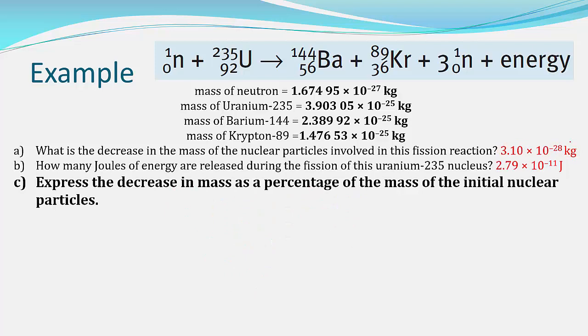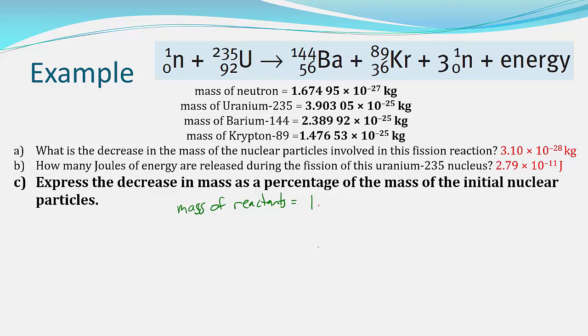Okay, so part C is one that some people get a little bit unstuck on. It's asking simply to express the decrease in mass as a percentage of the mass of the initial nuclear particles. Give it a go. Okay, so in this question, it seems a little bit funnily worded, but it's not as terrible as you might think. All you need to do is first find out what the mass of the reactants are.